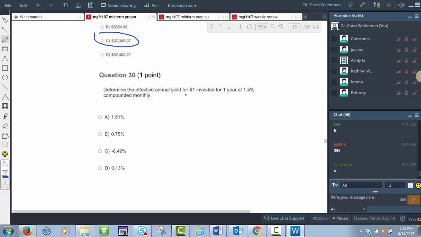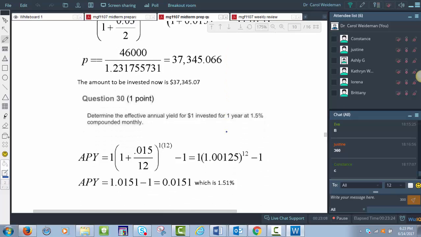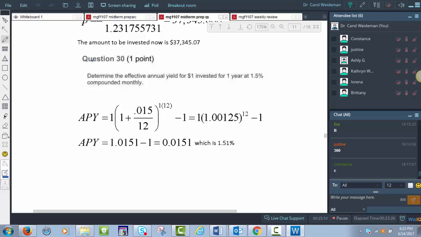Okay, effective annual yield. 1 year at 1.5% compounded monthly. This is that annual APY formula. We want to know what the effective simple interest rate would be with the compounding accounted for. So here's the formula: 1 times 1 plus the interest rate divided by the number of compounding periods a year, raised to 1 times n.